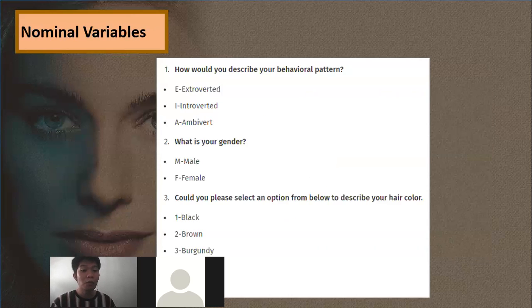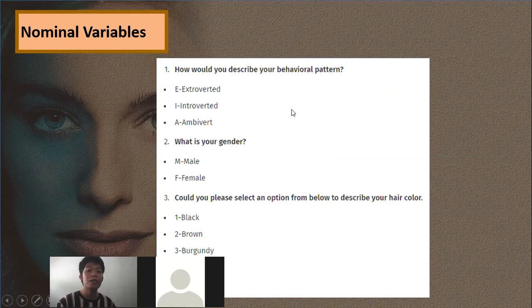Whereas dito naman sa nominal variables, it depends if you have 2 or more options to choose when the respondents will answer the research instrument. Kasi the options of the respondents will be based on the type of question. Halimbawa ito, how would you describe your behavioral pattern?